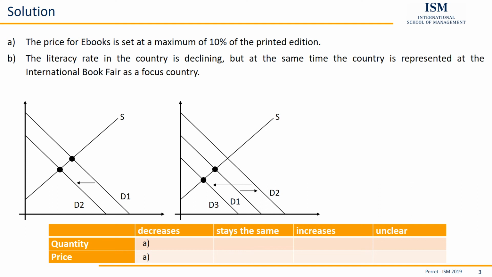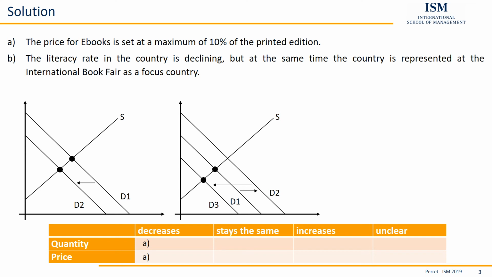However, no one tells us that the effect of the literacy rate decline is stronger than the effect of the book fair. It could be the other way around as well. So in the end, this means we do not know where our equilibrium will turn up. Is it the situation where both quantity and prices will decrease? Is it a situation where both will increase?